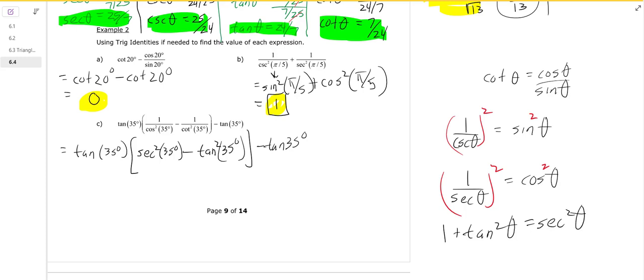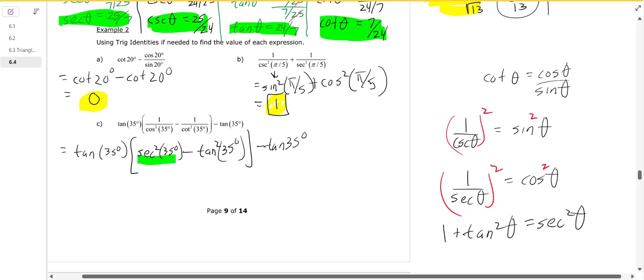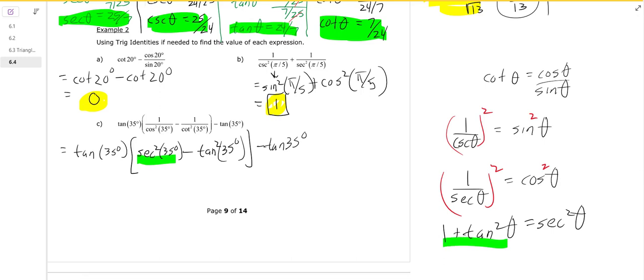So the secant squared could be replaced with 1 plus tangent squared. That's the way I'm going to choose to do the problem. So I'd have tangent of 35 degrees, and then I'm going to replace that with 1 plus tangent squared of 35 degrees. It's replacing an equal with an equal, and then we're going to see what happens.